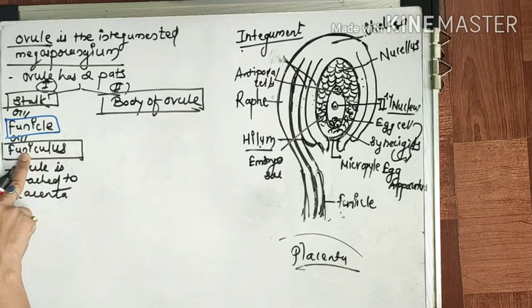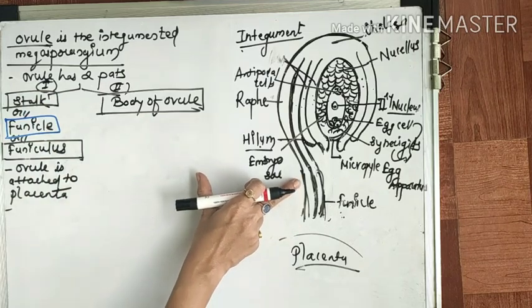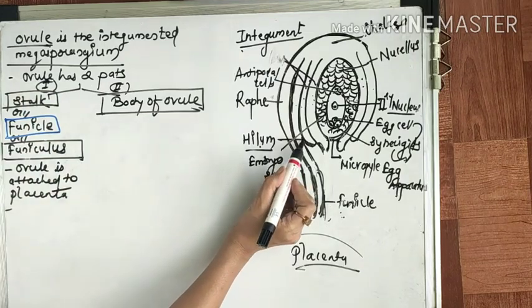That stalk is called a funiculus, funicle, or we simply call it stalk. You can see this funicle remains attached as a point to this ovule.